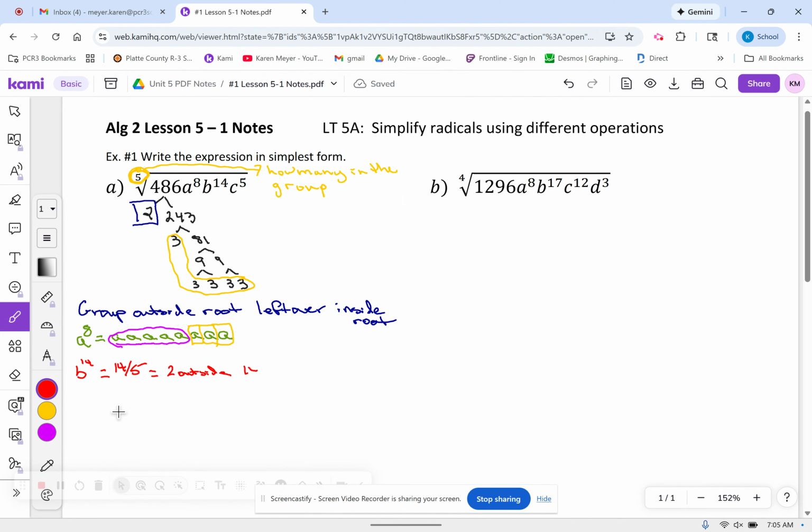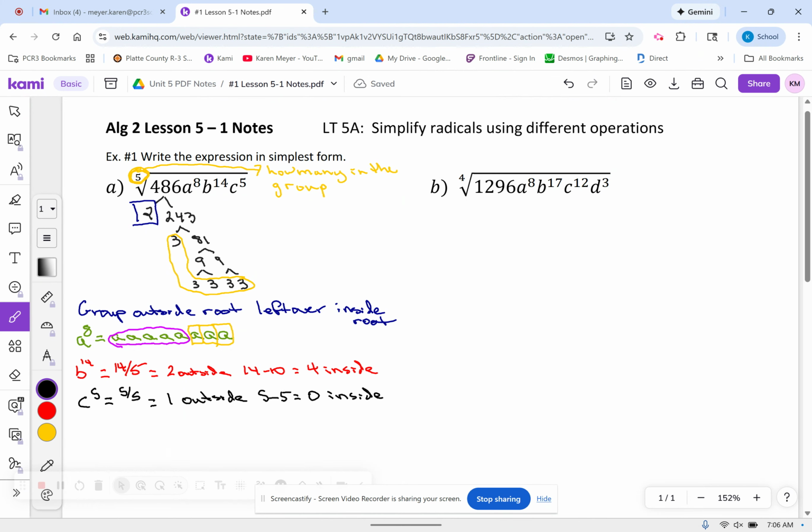Then I take 14 minus 10, which gives me 4 left for the inside. And then for c's, I have 5 c's. 5 goes into 5 one time, so I would have 1 c on the outside. And then 5 minus 5 is 0, so there would be 0 for the inside. So no c's on the inside.